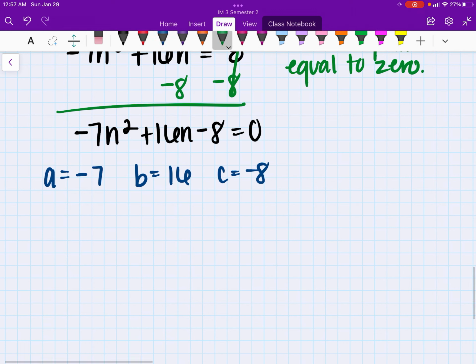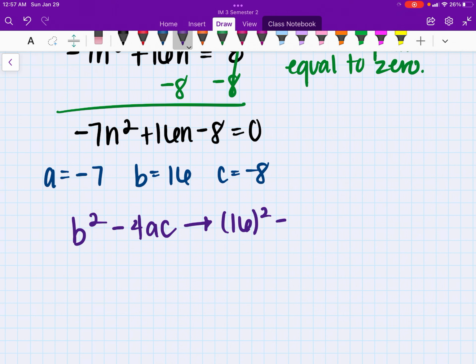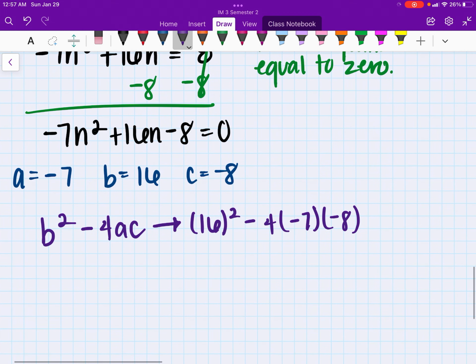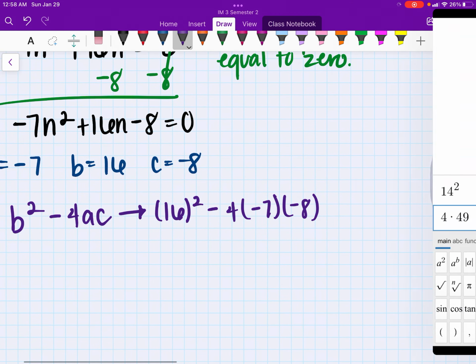So let's go ahead and use the formula. We have b squared minus 4ac. Now, b in this case, once again, that's 16 squared minus 4 times a times c. So let's go ahead and check it out, guys. Taking out the calculator here.